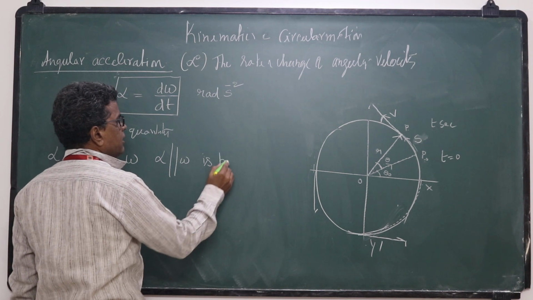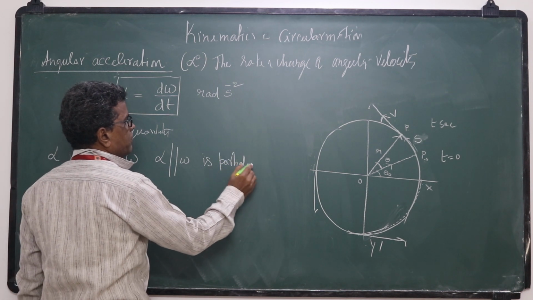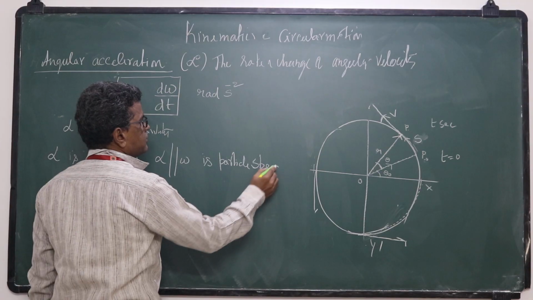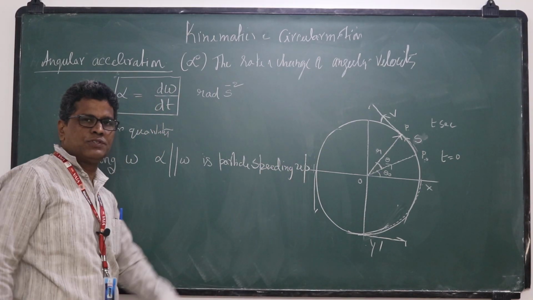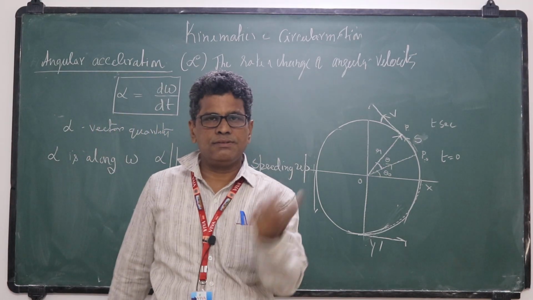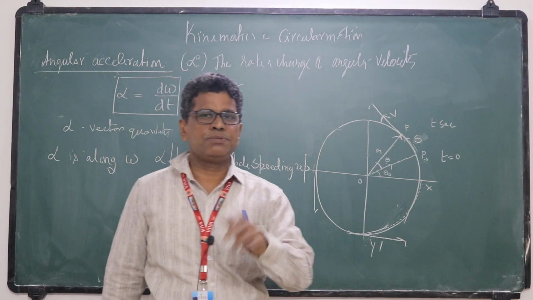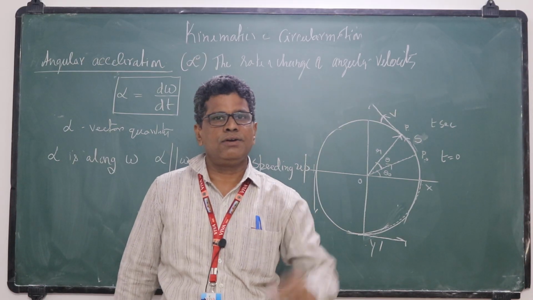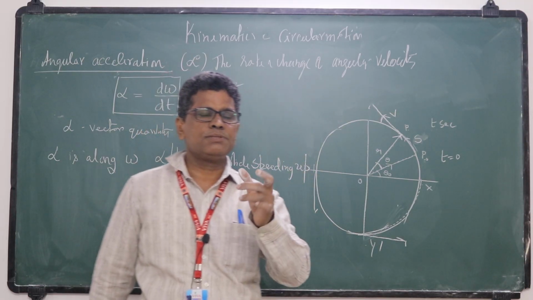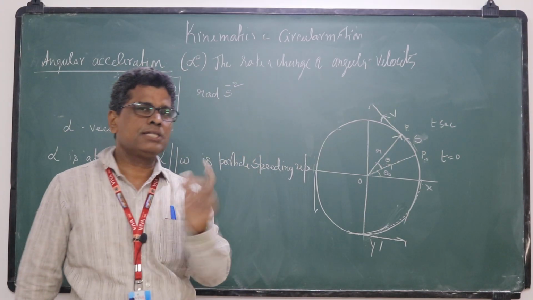If the particle is speeding up, that means if the speed of the fan increases gradually, as you change the speedometer, you are increasing from 1 to 2, 2 to 3, 3 to 5, like that. If you are increasing the speed of the fan, its angular speed increases.